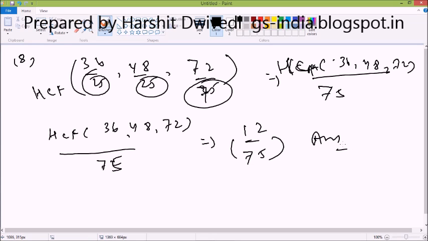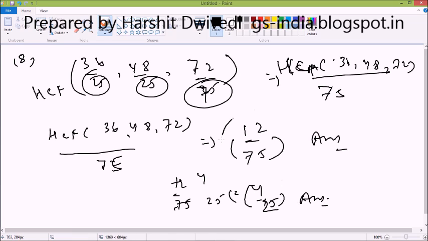But you need to consider this fact. If you convert this 12 upon 75 by cutting it by 3, getting 4 by 25, this 4 by 25 is not your answer.